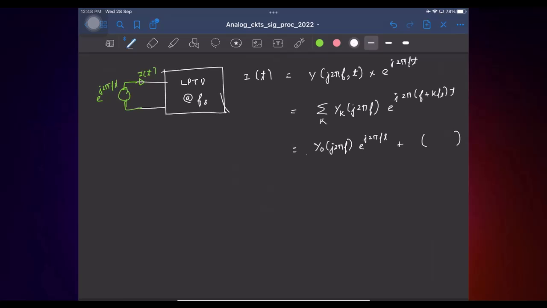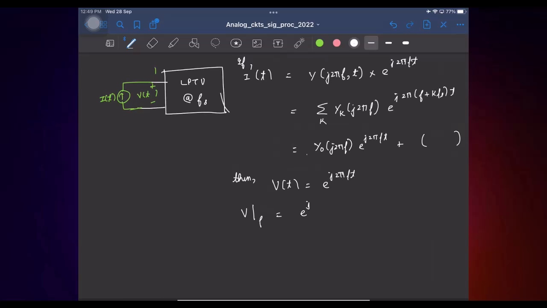So now instead of this voltage source, if I apply a current source of this value, which contains all frequencies of the form f plus k fs, then what will be the voltage? If I apply a current of this form, then I know my voltage is e power j 2 pi f t.